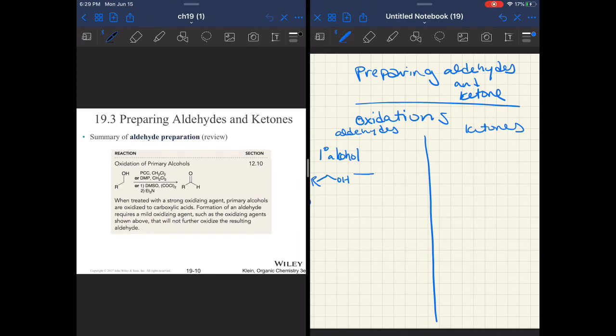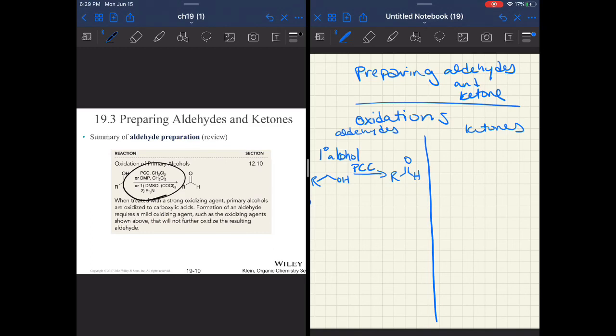You want to use a partial oxidation reagent or a weaker oxidation reagent. There's a bunch of different examples on this slide. The one that you will see from me most frequently and in your homework would be PCC, pyridinium chlorochromate. It takes you to an aldehyde without oxidizing further to a carboxylic acid.